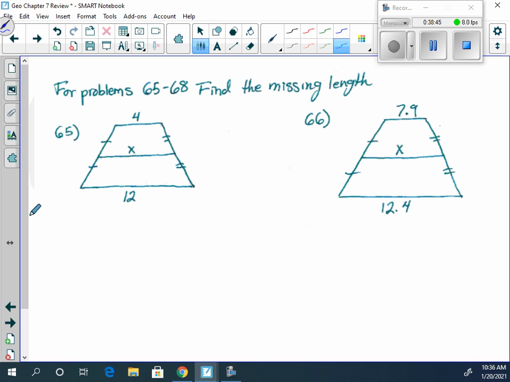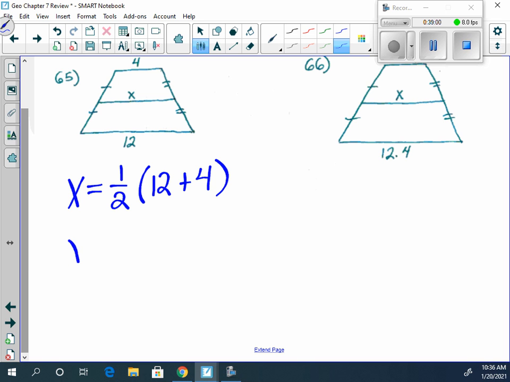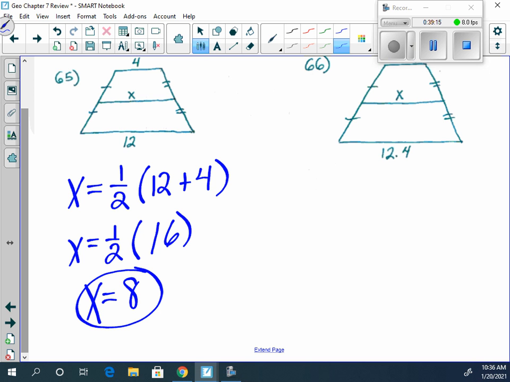65 through 68. So if we look at 65, well, x, the mid-segment, is equal to 1/2 the sum of the 2 bases. So since the bases are 12 and 4, it would be equal to 1/2 of 12 plus 4. 12 plus 4 is 16, so 1/2 of 16 is 8.